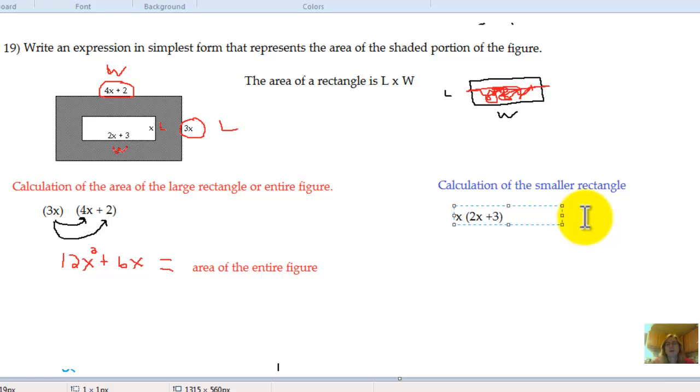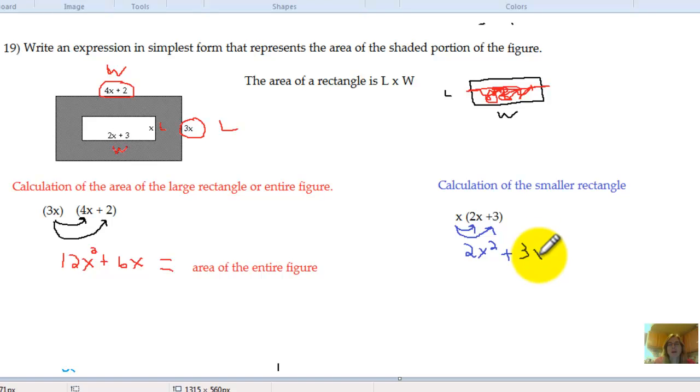That we can see is an easy distributive property. So the x times the 2x would be 2x squared, and then the x times the 3 is a plus 3x.